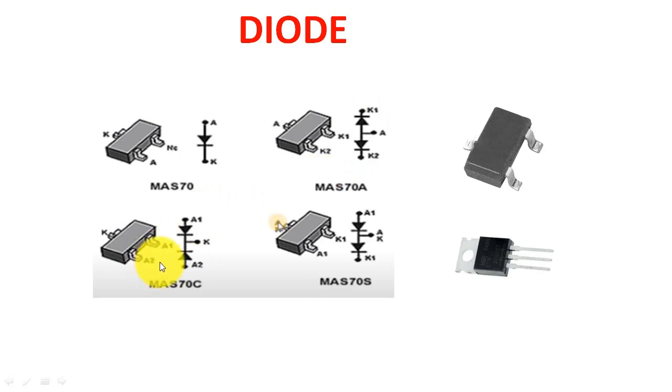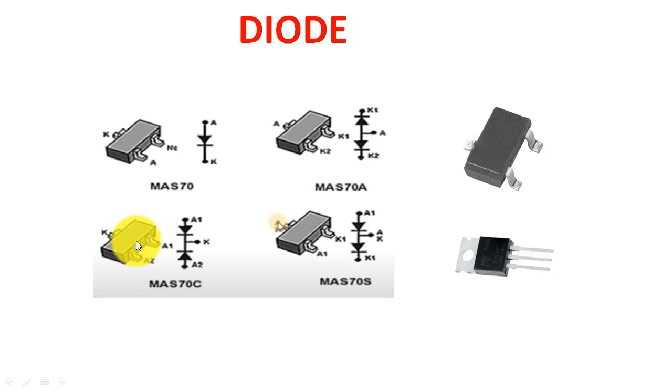Then we can see another way it is used. The upper pin is the cathode, and the other two pins are anodes.